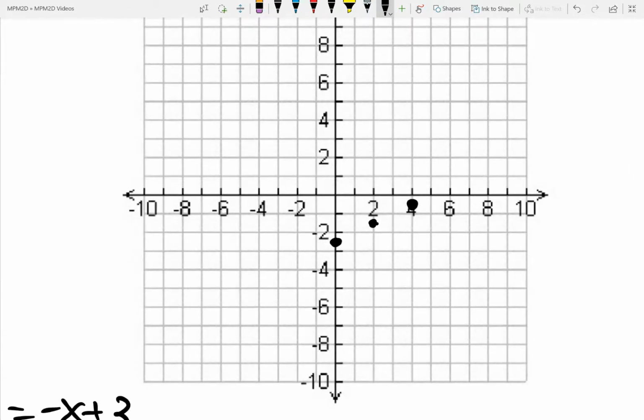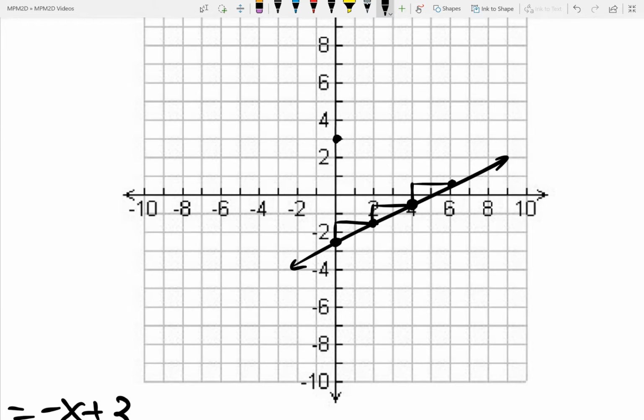I can zoom in so you can clearly see that. Rise of 1 means I'm going to go up 1, and a run of 2, up 1, and a run of 2. Okay, that's the best you can do, really. The other equation was negative x plus 3, so I need to start at 3.